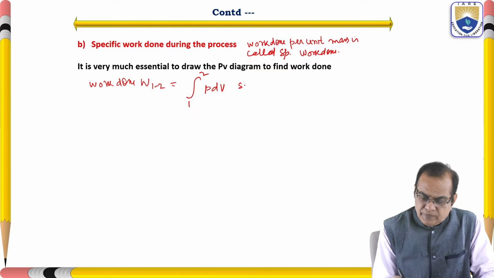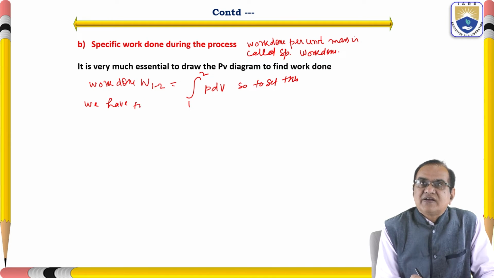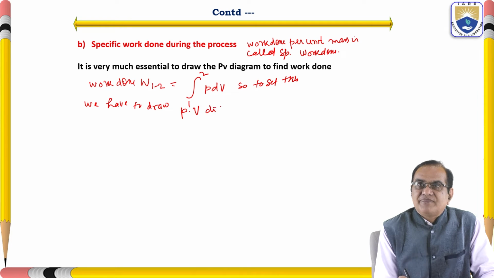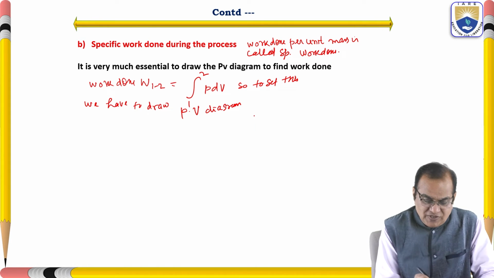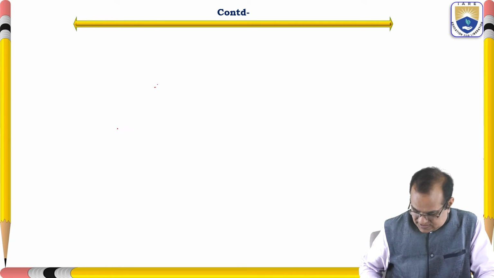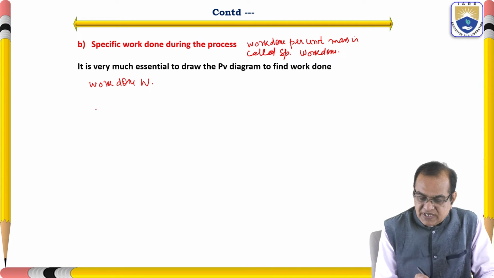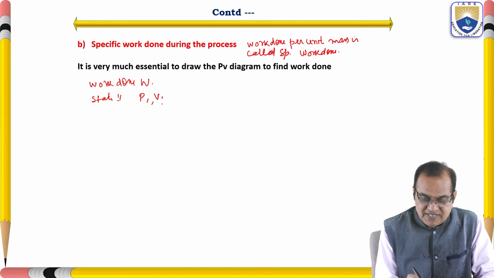To get this, we have to draw the PV diagram, because then only we can find the correct answer. We know state 1 is given, that is P1 V1 is given.